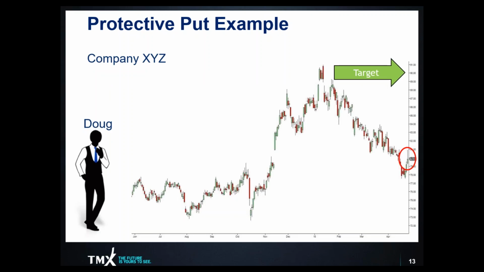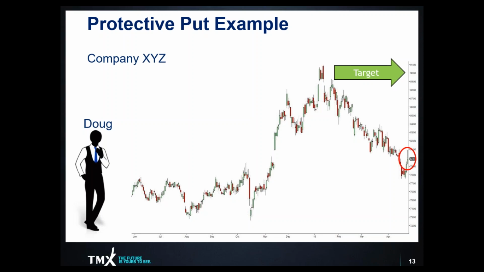Now, let's take a look at what Doug's expectations are. I always like to look at things from a technical perspective. It's a little easier to identify just what the characteristics of the stock look like over a period of time. And so you can see here with company XYZ, there's been a pretty significant sell-off from that $90 level. You're now sitting down around that $80 level.